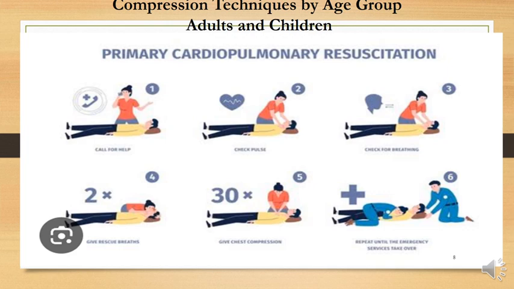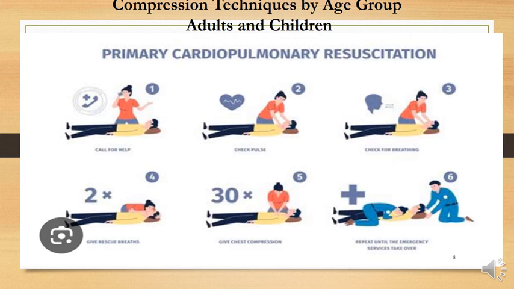Compression techniques by age group. We have the adult and children. So primary cardiopulmonary resuscitation: look, call for help, check for pulse, check for breathing, check for responsiveness. Then give rescue breaths, give chest compressions, then repeat until emergency services arrive.